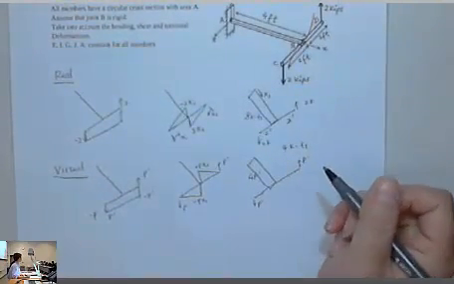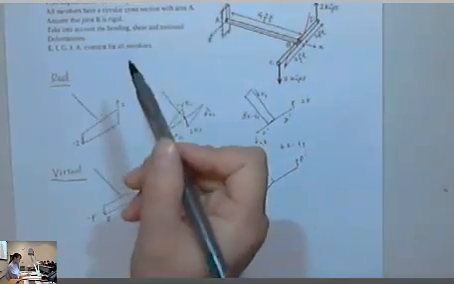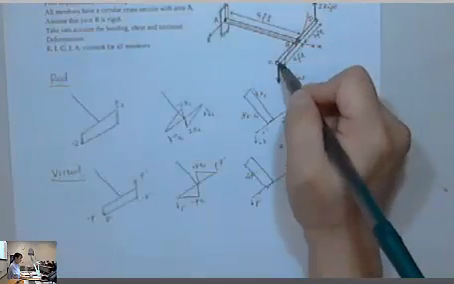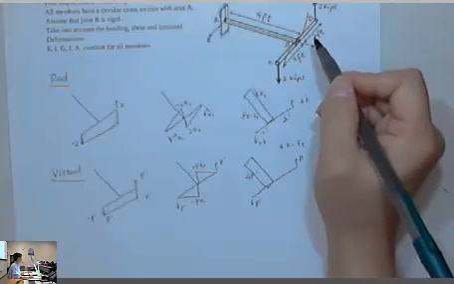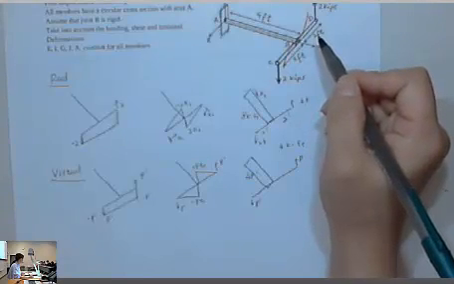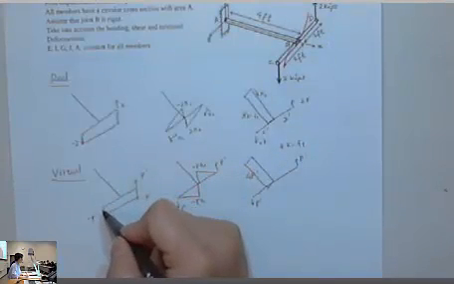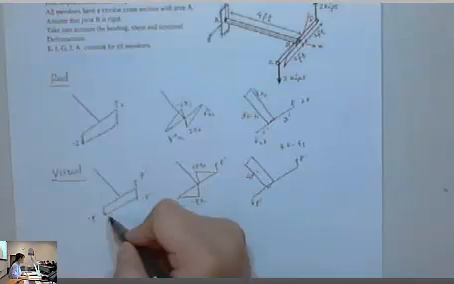Yes. Can you explain why you apply two virtual loads? Because we're looking at the displacement at both C and D, right? So if we want to find out the displacement at a certain point, we will apply a virtual force at that point. That would only work if it's symmetric. The displacements at 2 points are different.